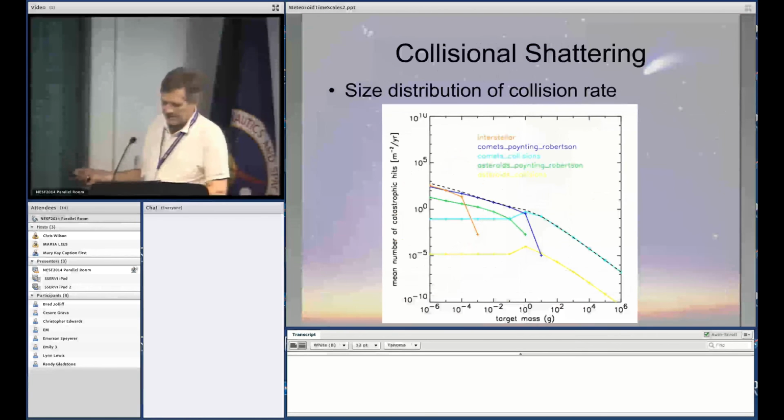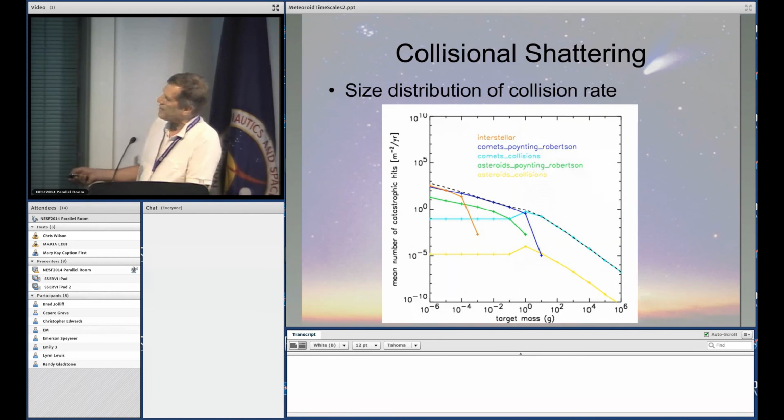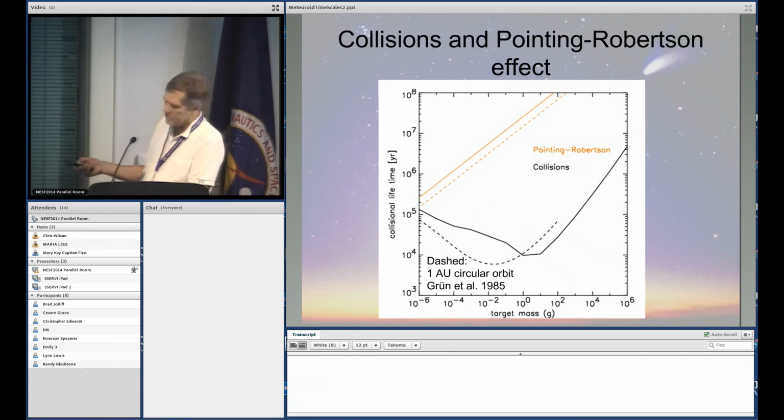We calculate the flux for the given target mass, which projectile masses contribute most, and what the impact rate is for these catastrophic collisions. If we add this all up, we come to this solid line. This is the lifetime of particles of this mass here, 1 gram, as a function of the size in years.